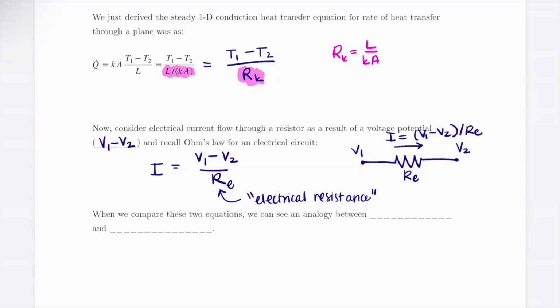Right? Okay, so if we compare this Ohm's law equation with our 1D conduction equation, we can see an analogy between the diffusion of heat and that of an electrical charge.